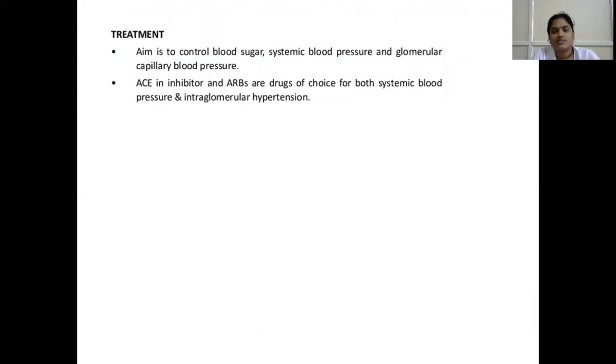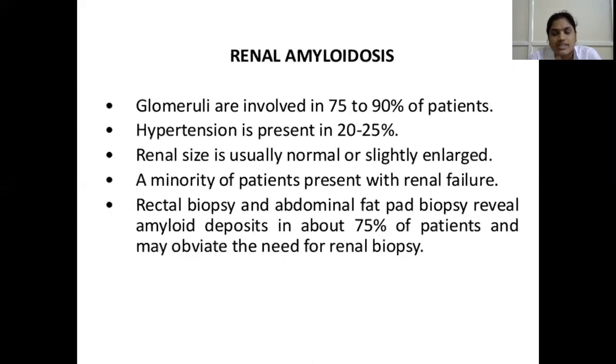Then the treatment: the aim is to control the blood sugars, systemic blood pressure, and the glomerular capillary blood pressure. So ACE inhibitors and ARBs are the drugs of choice for both systemic and intraglomerular hypertension. Then the next one is renal amyloidosis.